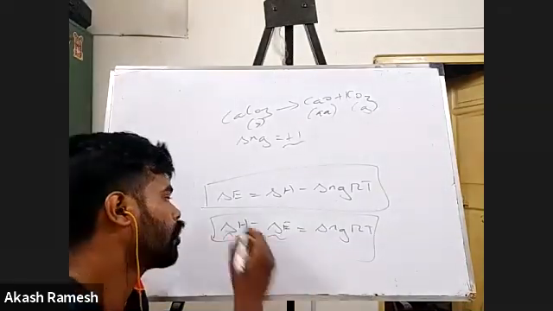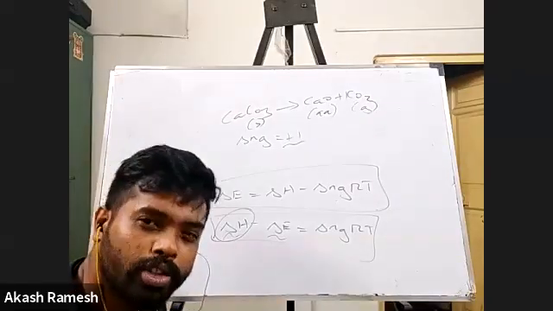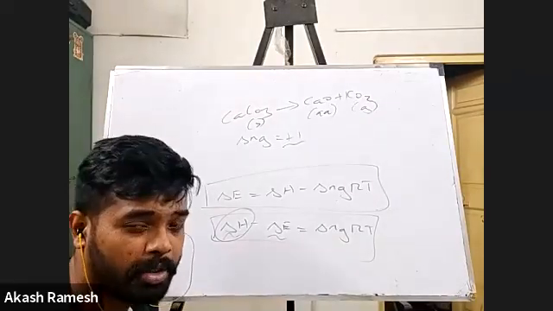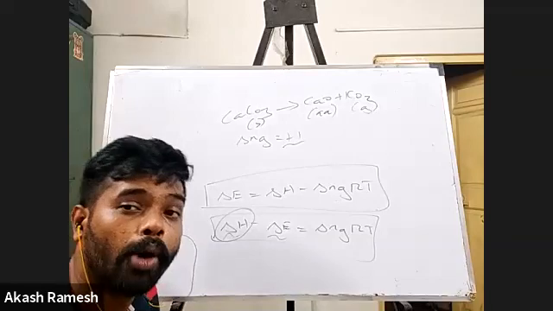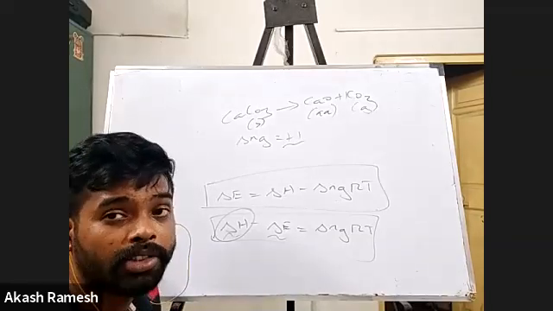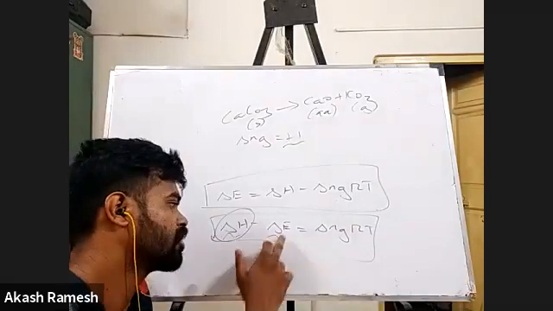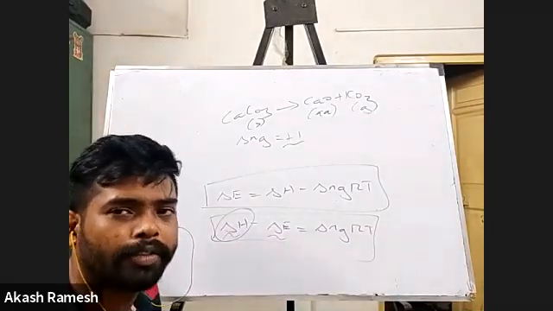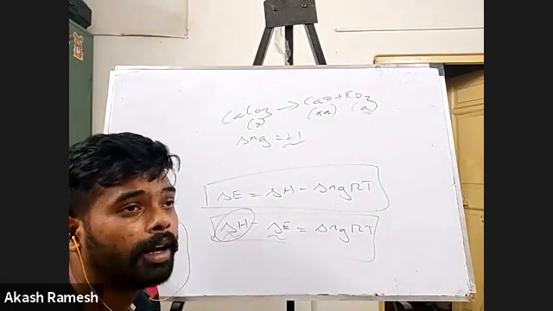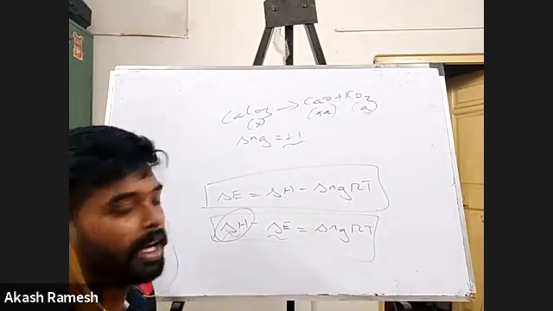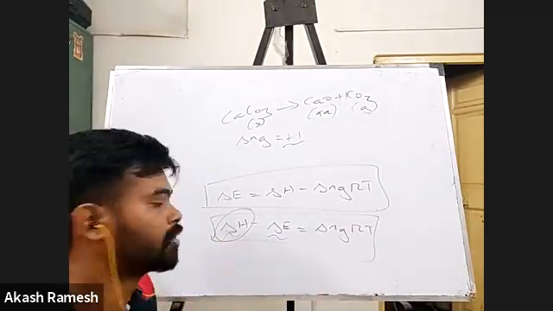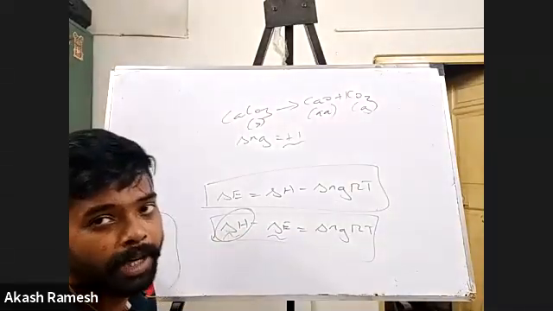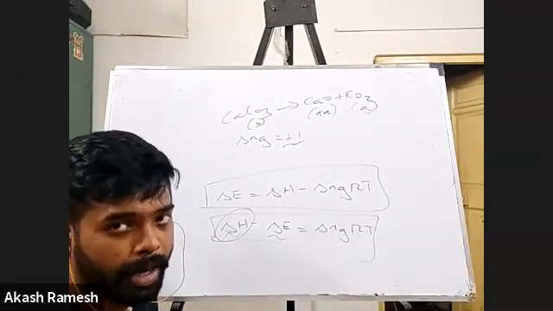I will take only delta H for my calculations because most of the reactions in chemistry happen under constant pressure conditions. So that's why we take delta H, and delta E very rarely, only in cases where the process is happening under constant volume. At that time I go for delta E. But 95% of the time, I will go only with enthalpy and not internal energy for any chemical reaction for that matter.